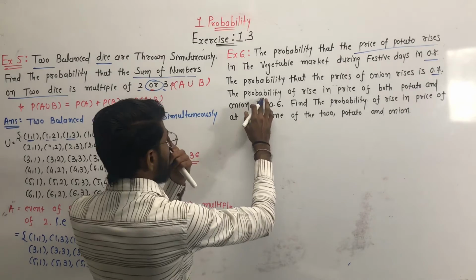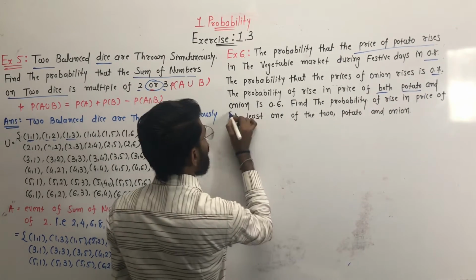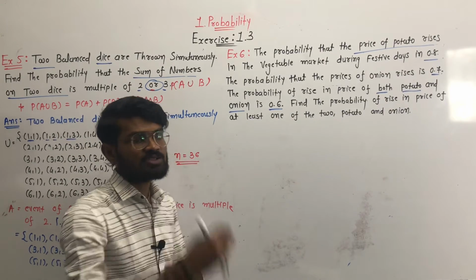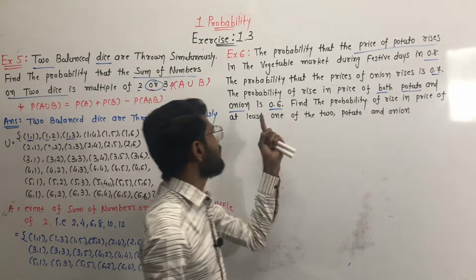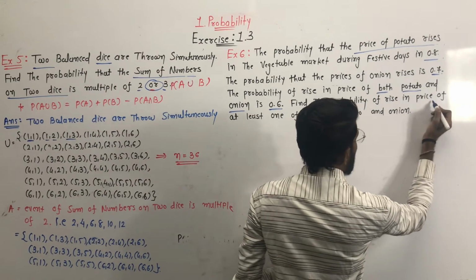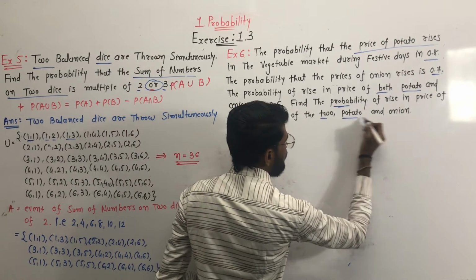The probability of the rise in price of both potato and onion is 0.6. Then find the probability of the rise in price of at least one of the two, potato and onion.